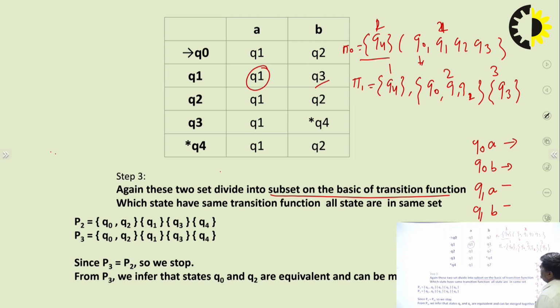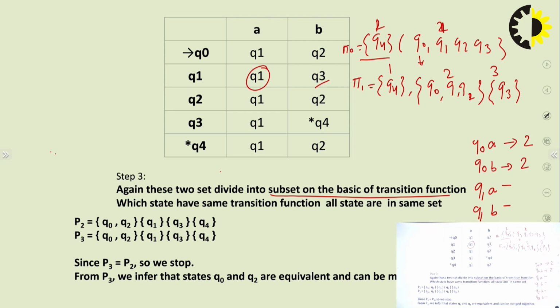Now Q0 on A is Q1, and Q1 on A is Q1, and Q1 lies in the same set. Q0, Q1 and Q2, yes. Now Q0 on B is Q2, again in set 2.